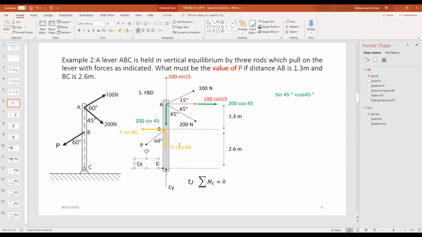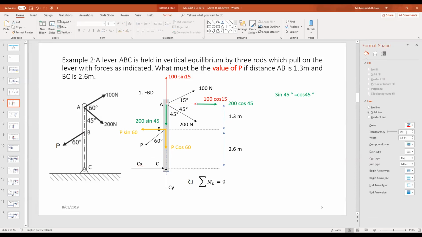Then what's left for me is the red force, the green force and this orange force. So technically, an equation with one unknown, which is what we're trying to find. So let's try to solve this one.